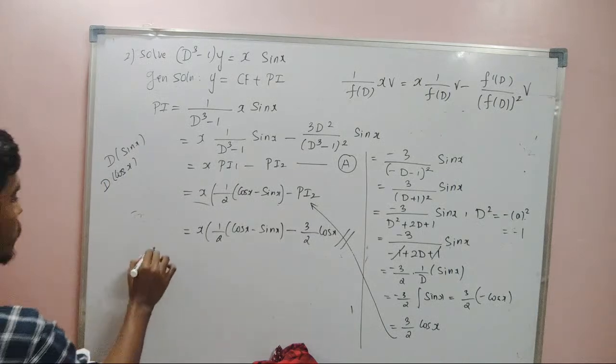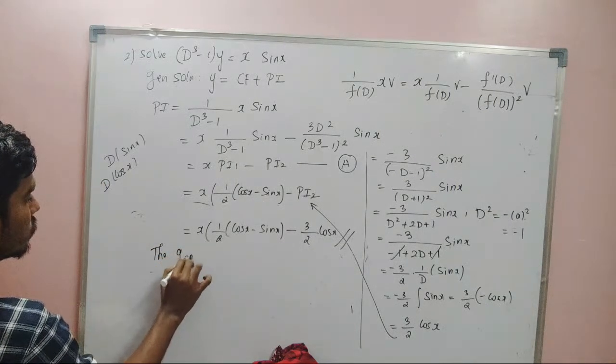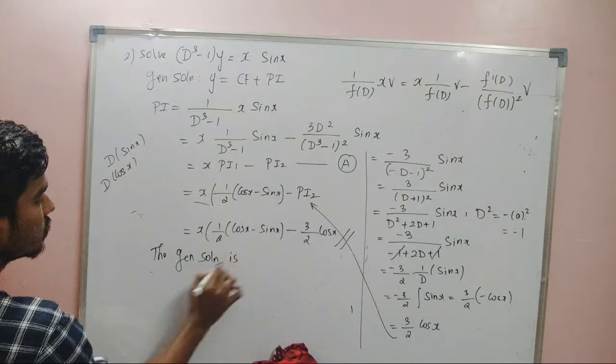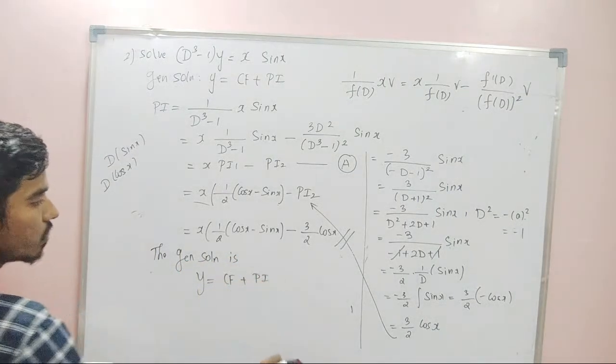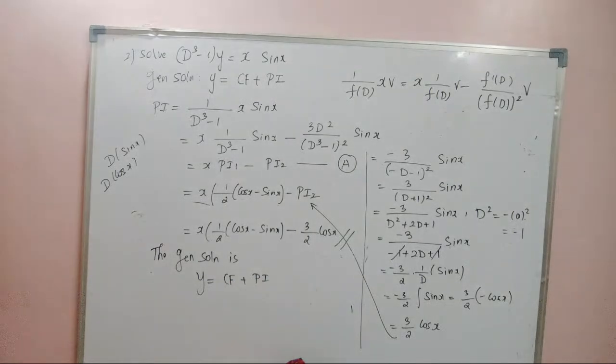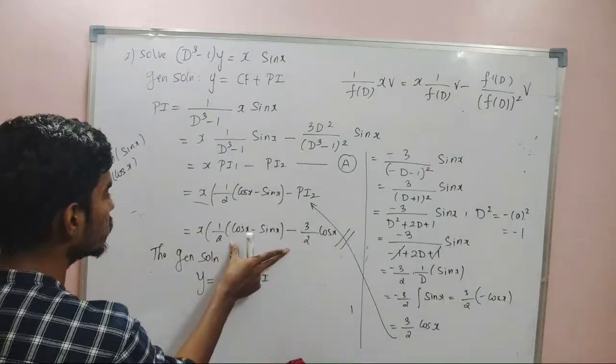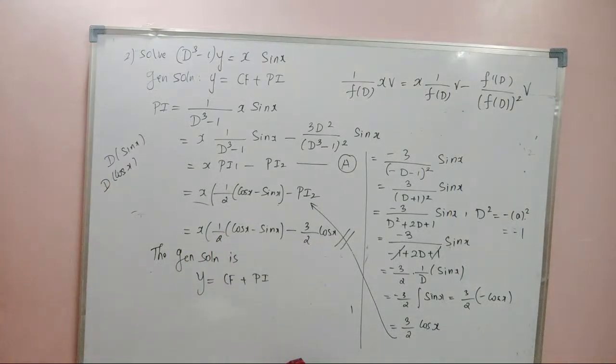So what will be the general solution? General solution is y is equal to CF plus PI. We already found CF, right? That is c1 e power x plus e power minus x by 2 into something with cos root 3 by 2 x. You just add up that entire term with this. That will be my general solution, right?